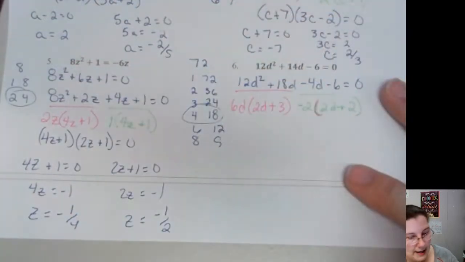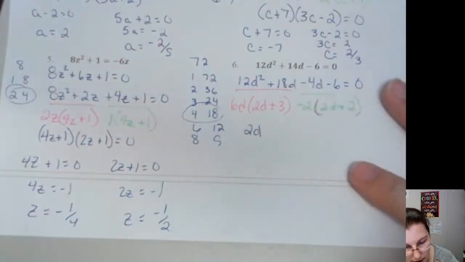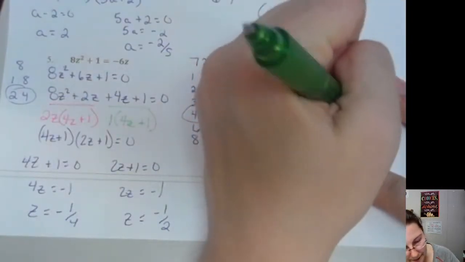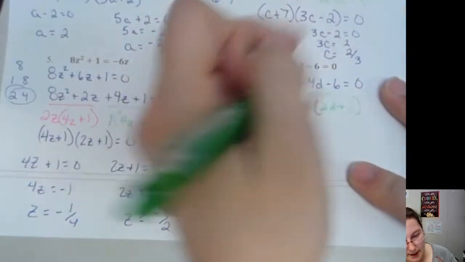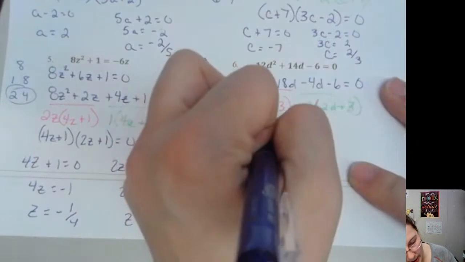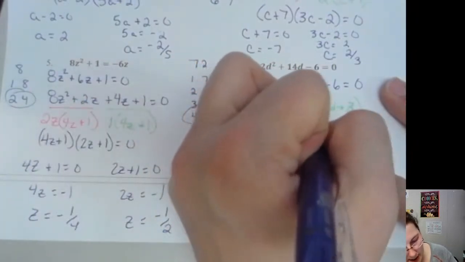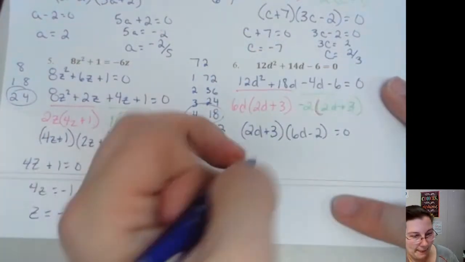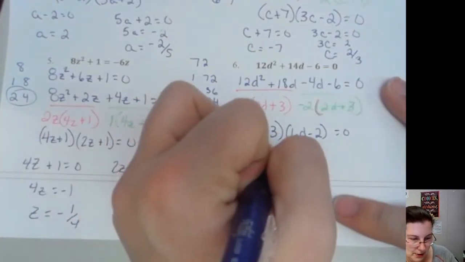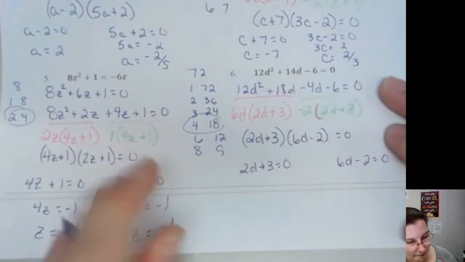So now rewriting this with my greatest common factor, that 2d plus 3, that's a 3, not a 2, sorry. Negative 6 divided by negative 2 is a positive 3. So 2d plus 3, and then I'm left with 6d minus 2 equals 0. So 2d plus 3 equals 0, and 6d minus 2 equals 0.